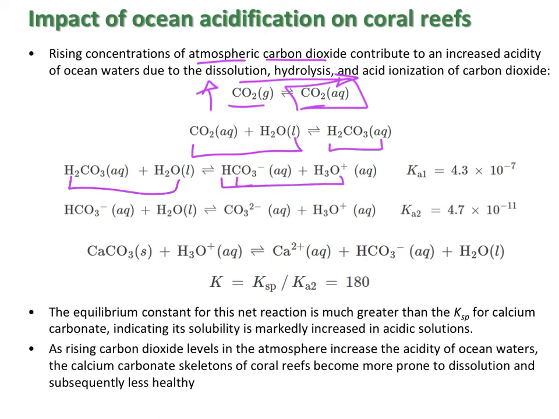So now you have an ion, hydronium. Increase in hydronium means an increase in acidity, right? Which means a drop in pH. So overall, hopefully you can see how we have an increase in the acidity of the ocean because of that original additional CO2 being dissolved into water.